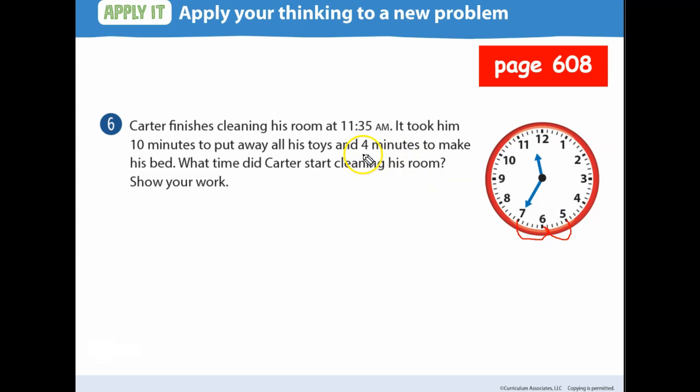Then it says that it took him 4 minutes to make his bed. Okay. So am I going to go like this? 4? No. Okay, 4 minutes. So I'm actually counting by ones. So right here, look. 1, 2, 3, 4.